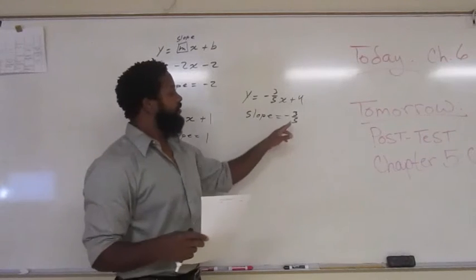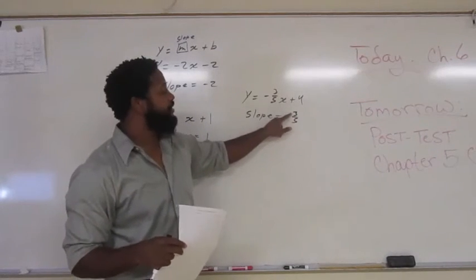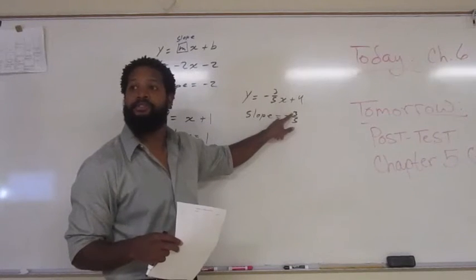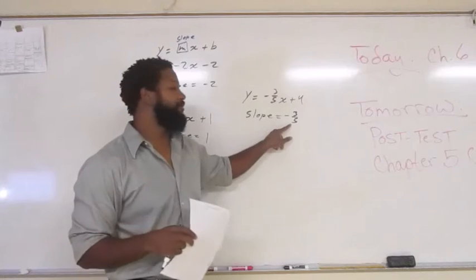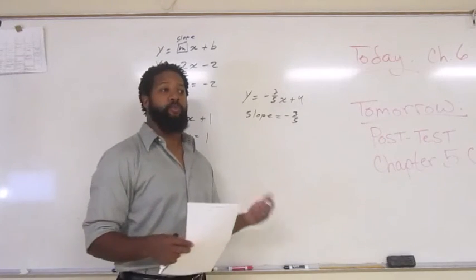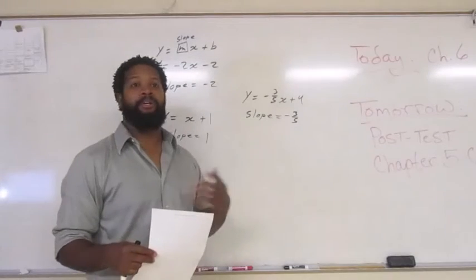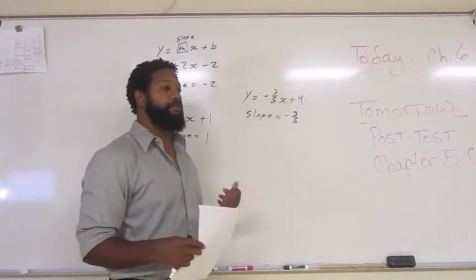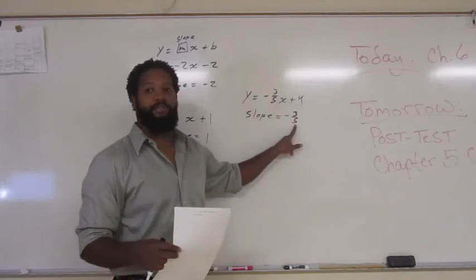Because it's easier to work with. You want your slope to be a fraction because it shows you how many units you're going to rise and how many units you're going to run.